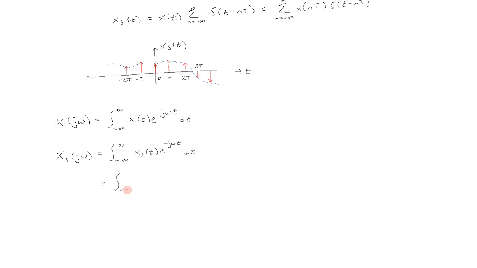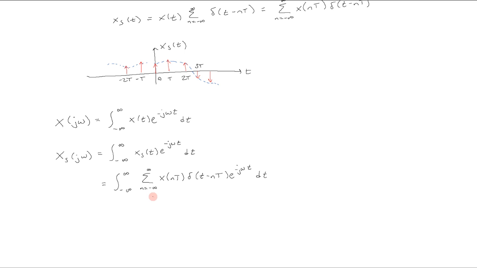And now we're just going to plug in what we just derived for x sub s of t. So that's going to be the summation from minus infinity to infinity of x of nt delta of t minus nt e to the minus j omega t dt.